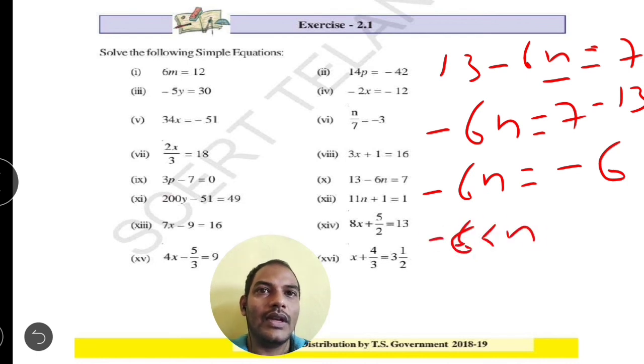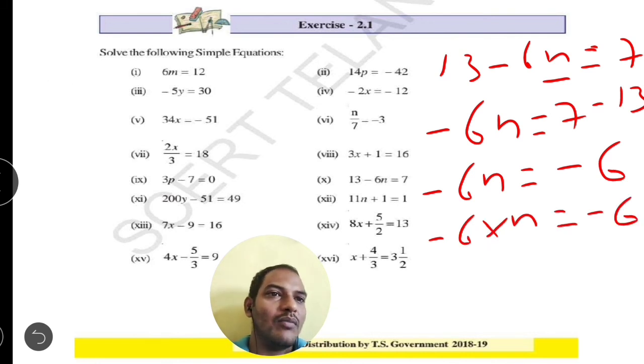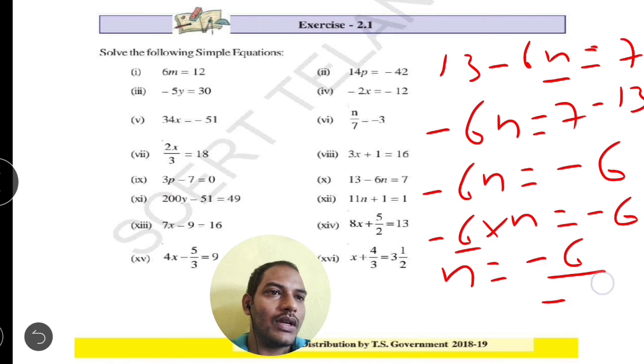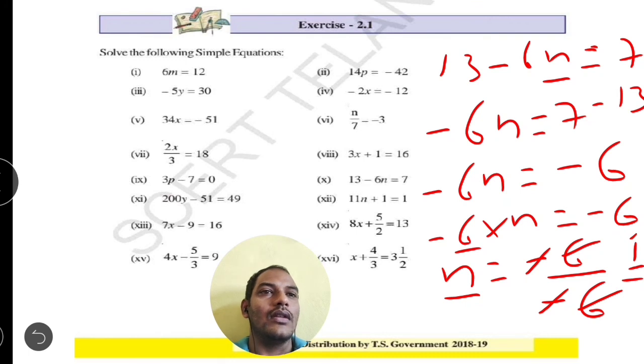Here minus 6 is multiplying, so when transposed to the RHS side, minus 6 divided by minus 6 goes to the denominator place. The minus signs in numerator and denominator get cancelled, and the 6s get cancelled. Then the total answer is 1. So what is the n value? The n value is 1. Okay.